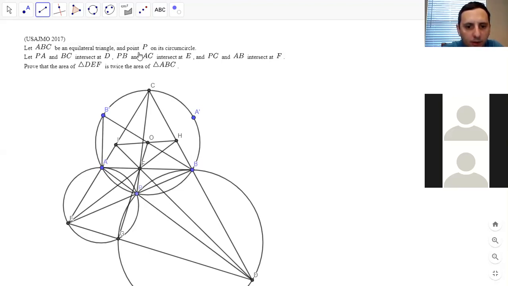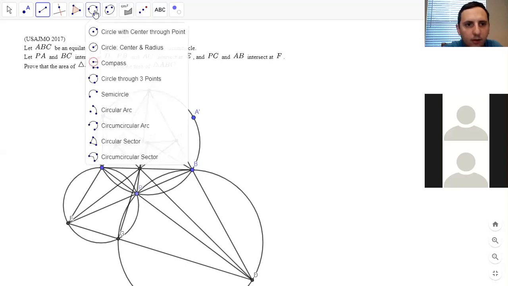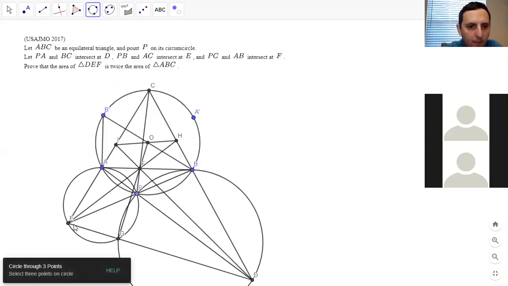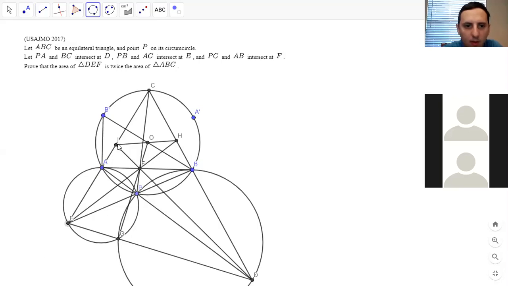Is IHDE cyclic? Let's see. No. So basically, I guess that's the same as showing angle BPI is 90 degrees. Can we show angle BPI is 90 degrees? And similarly, APH would be 90 degrees.